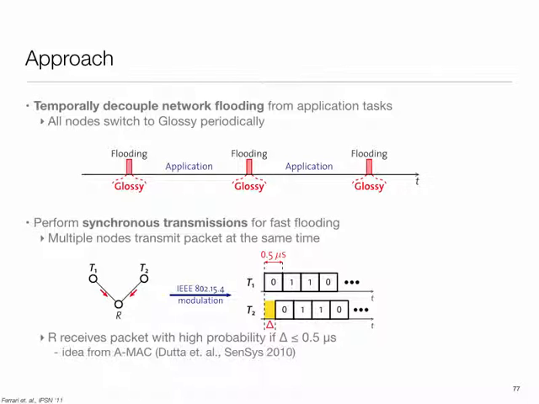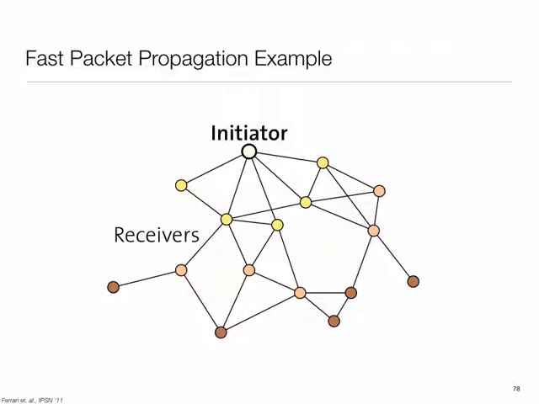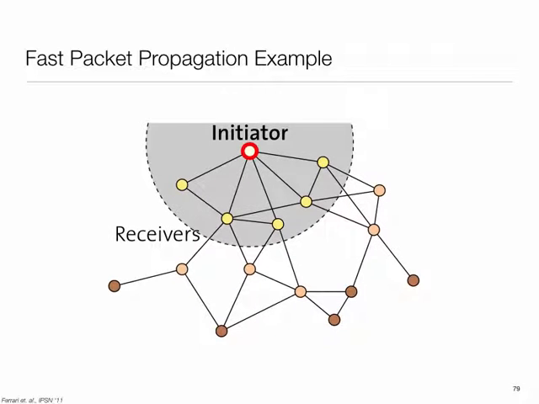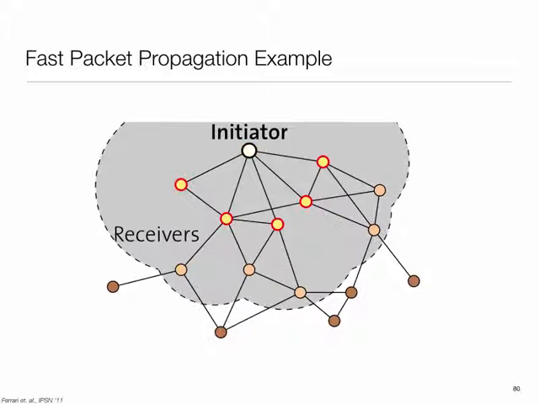So what is happening is that transmitters send out packets synchronized at the same time. It's the same concept. As long as they are able to transmit things to half a microsecond, we are good to go. So there's a very rapid flooding which happens in this particular case. Initiator sends the packet. First time around, all the one-hop neighbors get it. Second time around, they all transmit. All the one-hop neighbors transmit, but their packets are perfectly colliding.